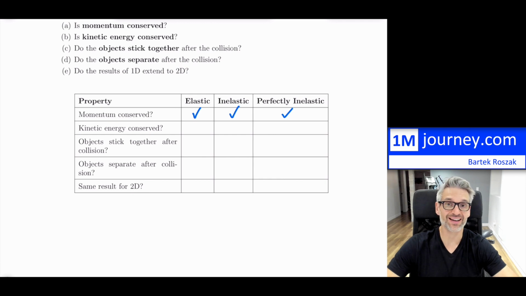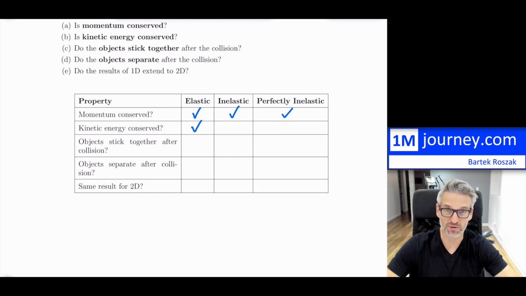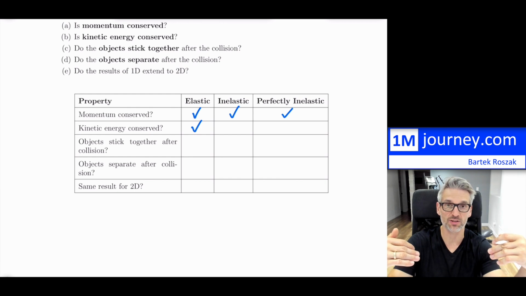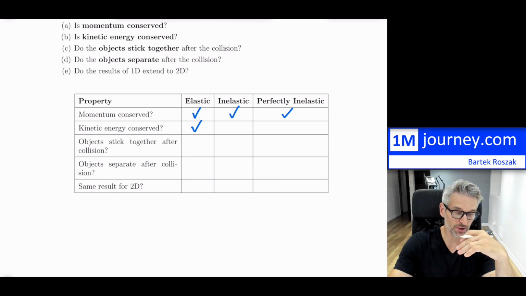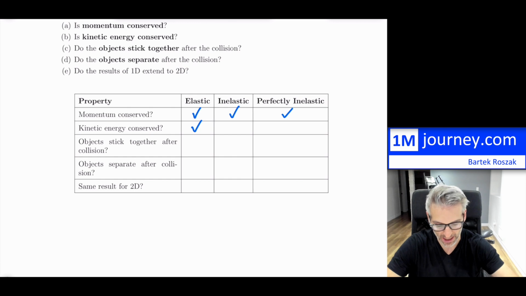Kinetic energy is not always conserved. In fact, it is only conserved under elastic, which, to be honest with you, is not really realistic, but in studying this in grade 12 or even in first year, you typically have these elastic collisions where you simplify the process. So really the energy is just conserved: all the kinetic energy coming in is the kinetic energy coming out.